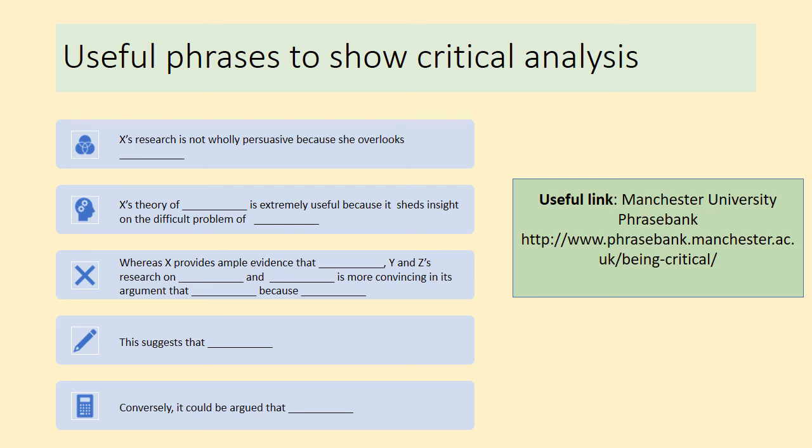If you just Google Manchester Phrase Bank, you're going to see it. And again, I'm going to come back to this a little bit more in the quiz. But the Manchester Phrase Bank is a really good place to start to help you use a variety of critical phrases and a variety of language in your writing, and use language which is specific and accurate, as we've seen in some of the other examples we've looked at today.